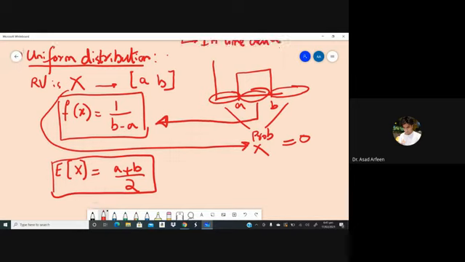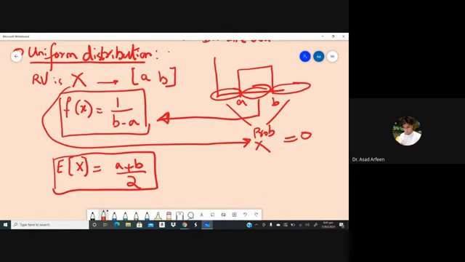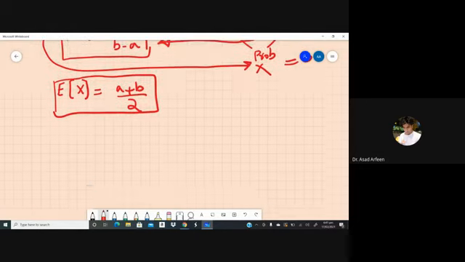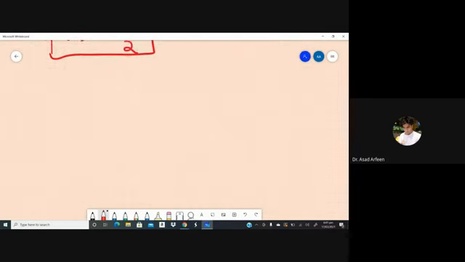Now, in case of internet traffic, we haven't seen any significant example which follows this particular distribution. But now I come to a very important distribution, which is called the Gaussian or normal distribution.